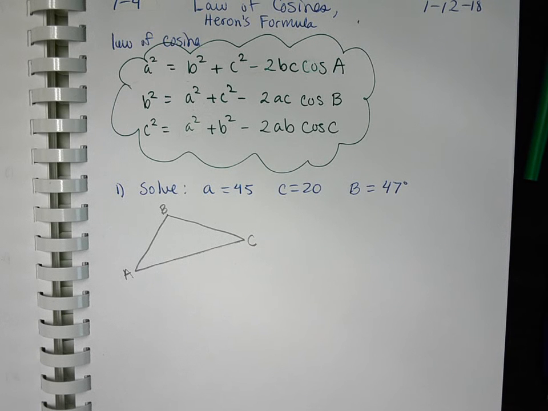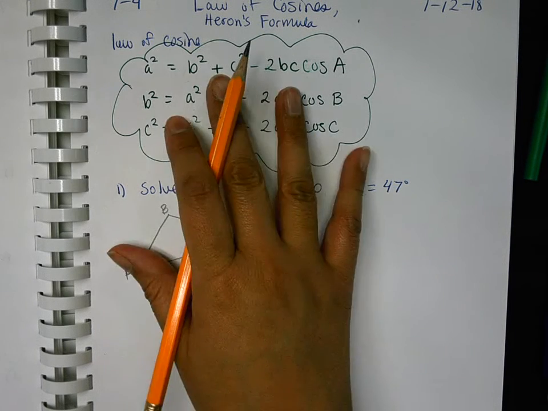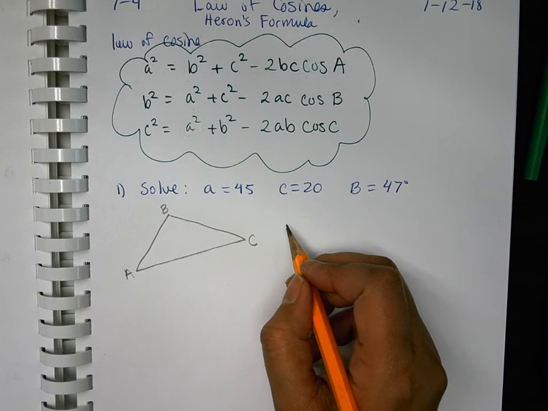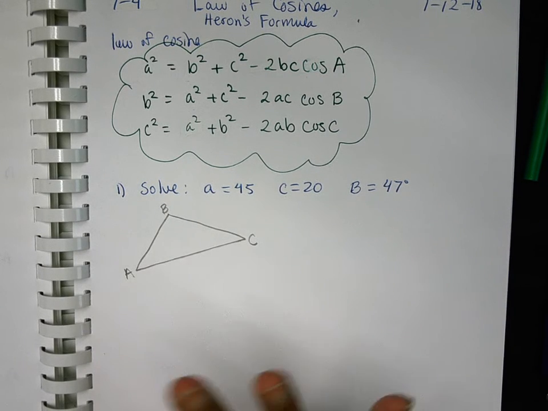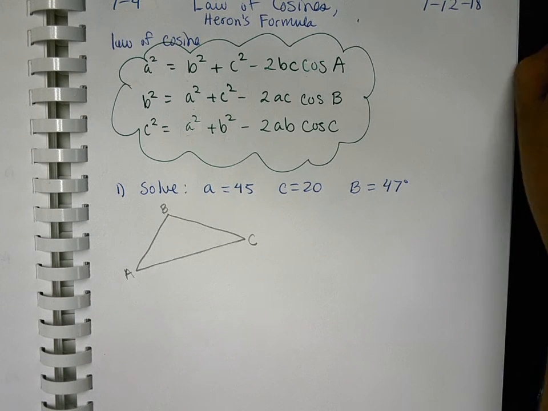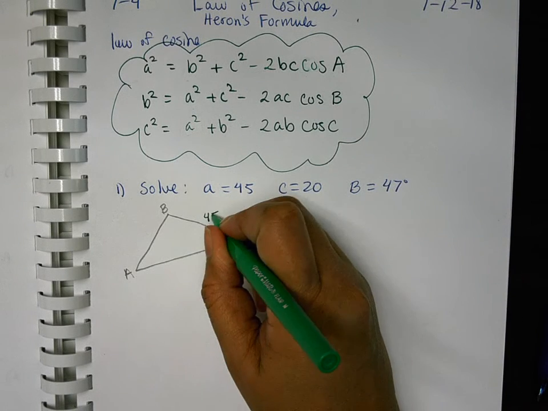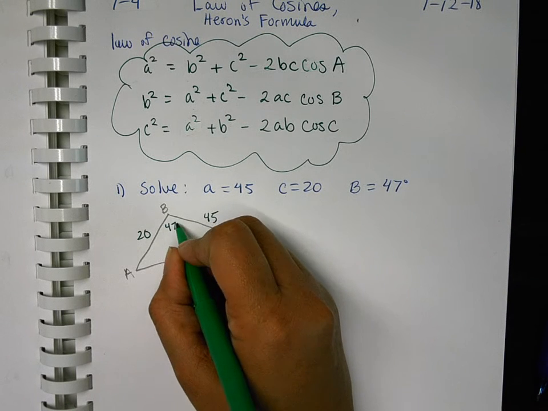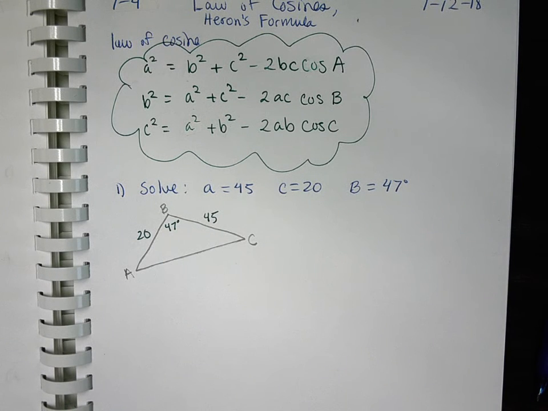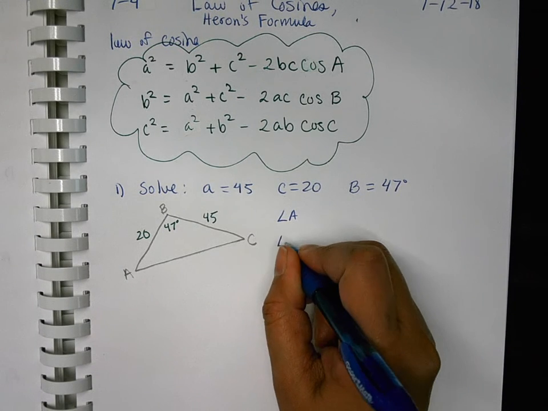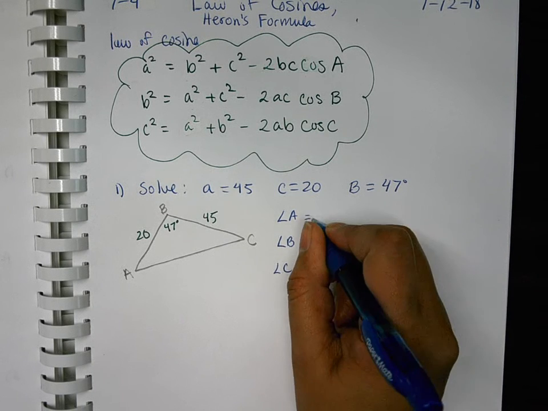No, I was saying you do not have to graph it. You can just plug things in. I graph it for those that are visual. I still want to see your setup, angle A, angle B, angle C, but yes, that's fine. Little a is 45. Little c is 20, and angle B is 47 degrees. Angle A, angle B, angle C.